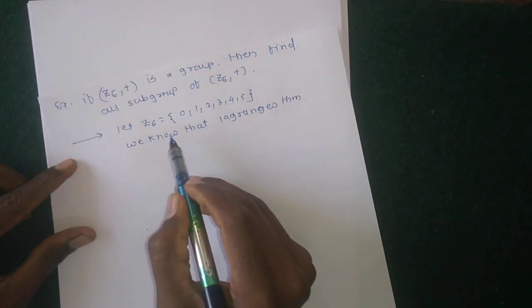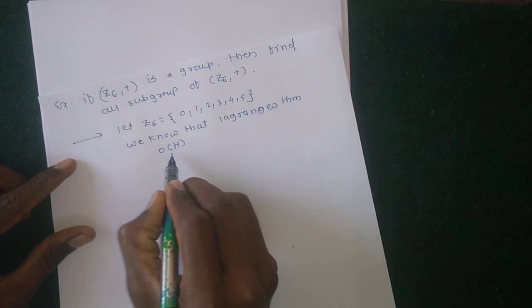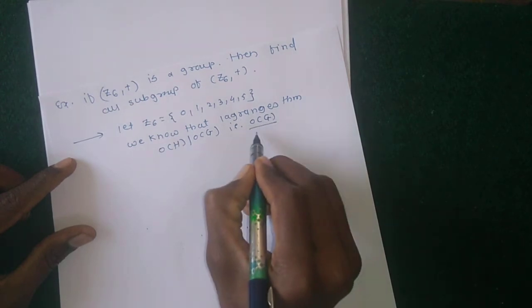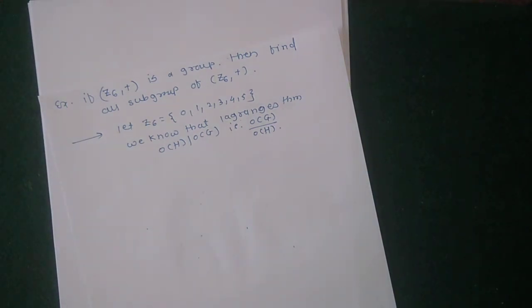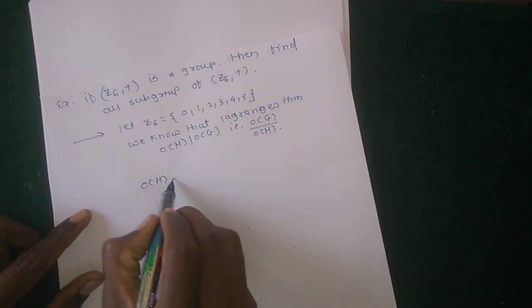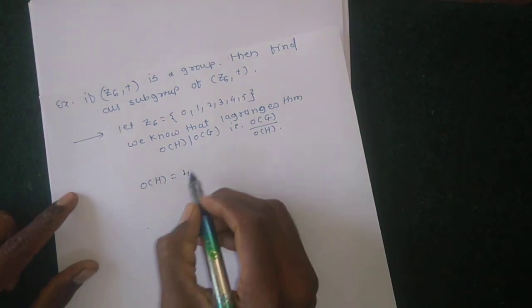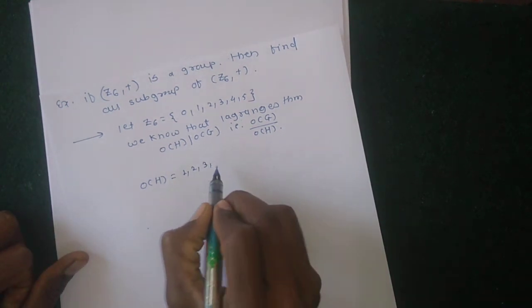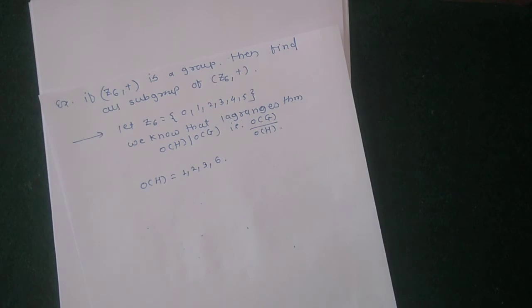Here Z6 is finite because it has 6 elements. The order of H divides the order of G. So here the order of G is 6, and we need the divisors of 6. 1 is a divisor of 6, 2 is also a divisor of 6, 3 is also a divisor of 6, 4 is not, 5 is not, and 6 is itself a divisor of 6.